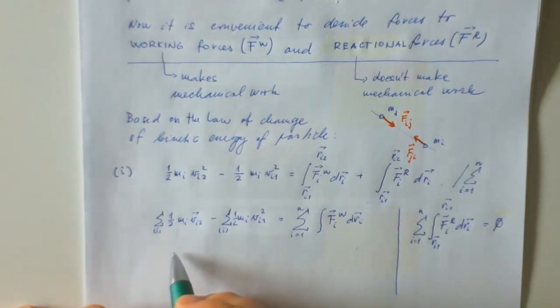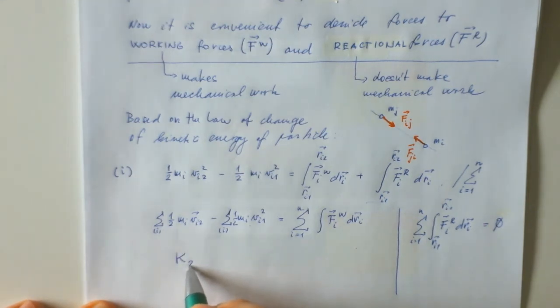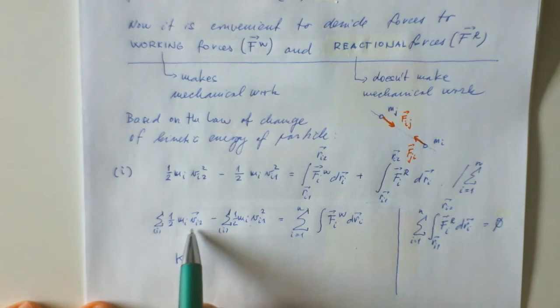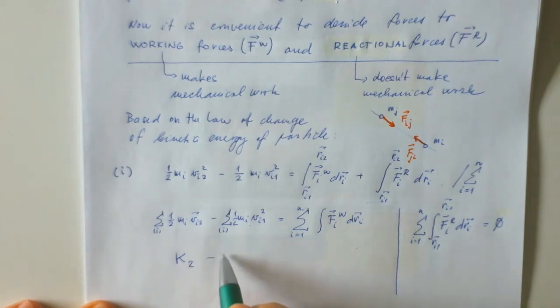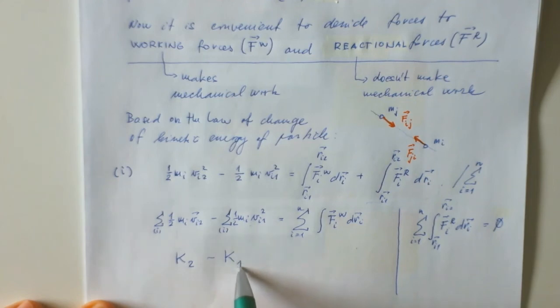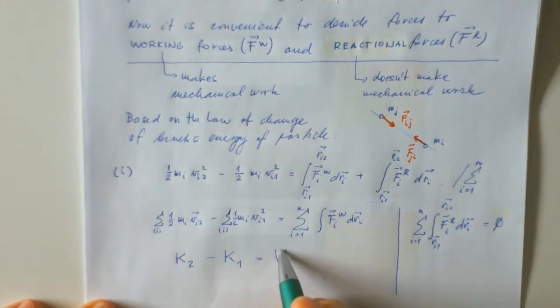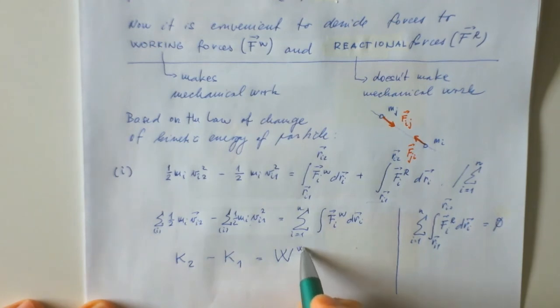So we can rewrite it as kinetic energy of all system of particles at state 2 minus kinetic energy of all system at state 1 is equal work of working forces.